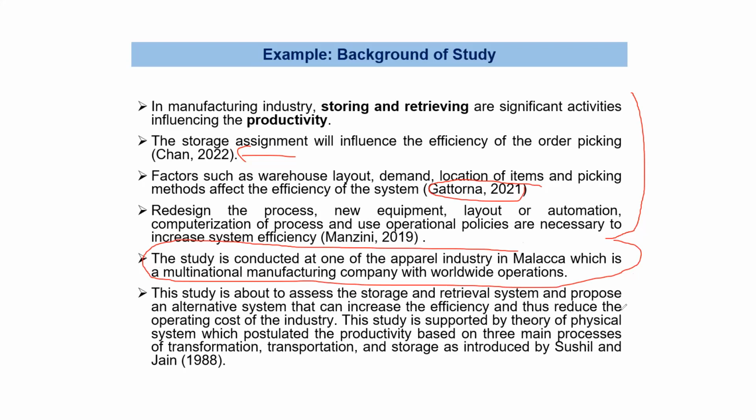This study is supported by the theory of physical system, which postulated productivity based on 3 main processes of transformation, transportation, and storage, as introduced by Sushil and Jain, 1988. Here we just introduce our theory, but the detailed explanation will be in chapter 2.